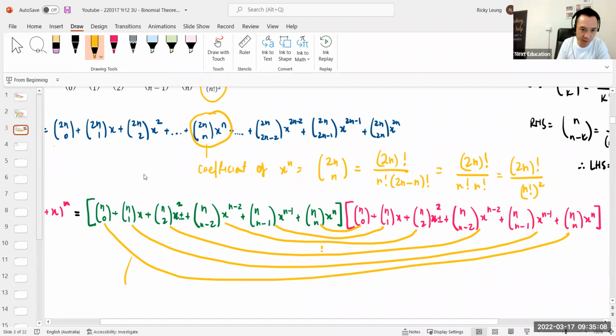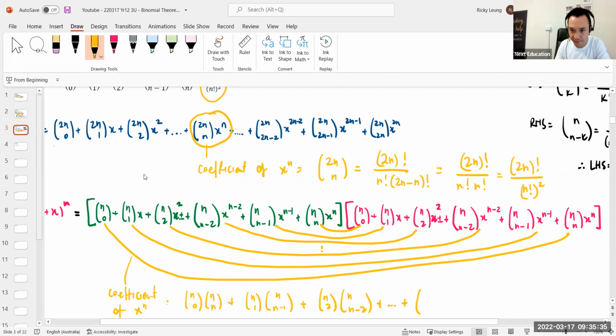So if I deal with the coefficient of xn, the first big rainbow would be n0 times nn, plus the second one will be n1, n minus 1. The third one would be n2, n minus 2, plus dot, dot, dot. And it's these guys reflected. Now for this purpose, I probably don't need the third last, second last. I'll just go to the last one.